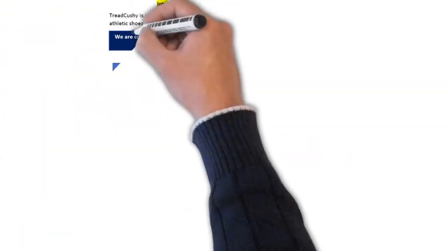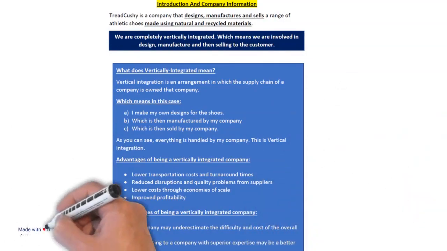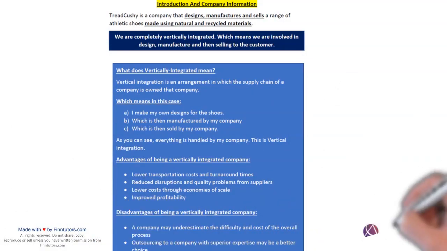Moving on, they now give us the introduction and company information, mainly speaking about the company. TreadCushy is a company that designs, manufactures, and sells a range of athletic shoes made using natural and recycled materials.